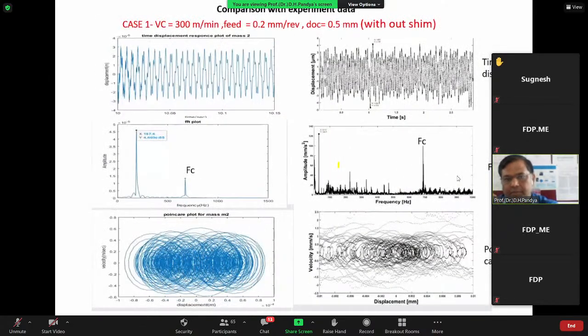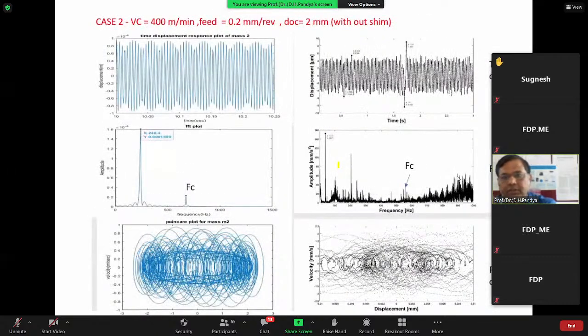This is without shim. So FC is roughly around 600 or 550 at 300 RPM. And there we have something around 700 in the experiment, but a clear peak is observed. And the Poincare maps are also matching very near to each other, experimentally and simulated, with single degree of freedom mathematical simulation only.